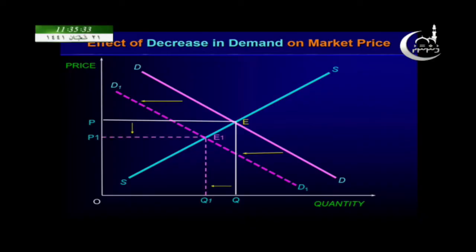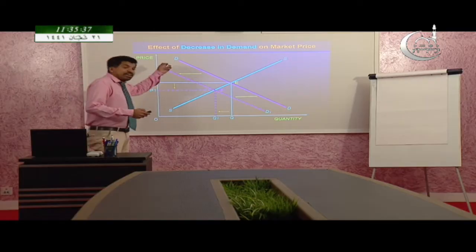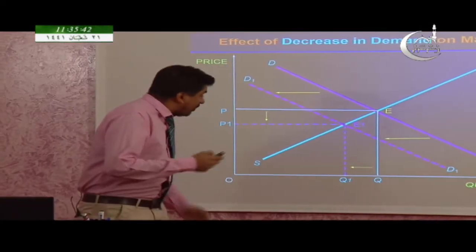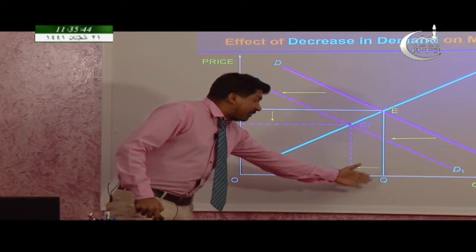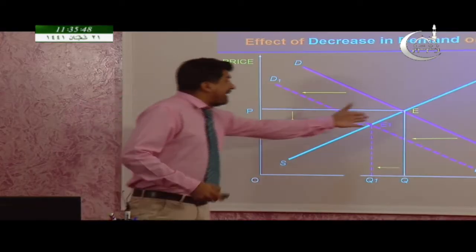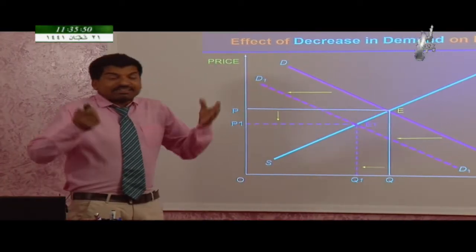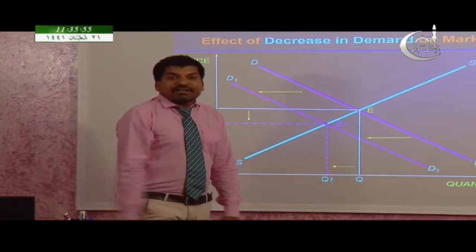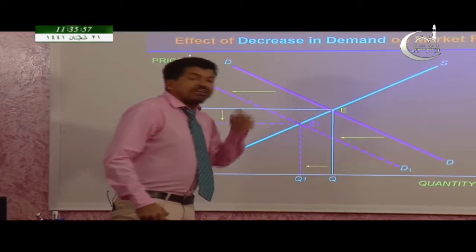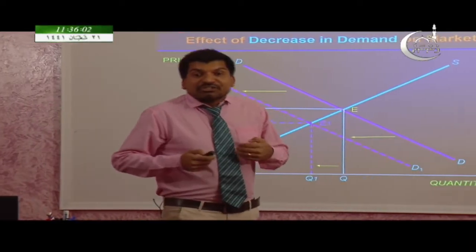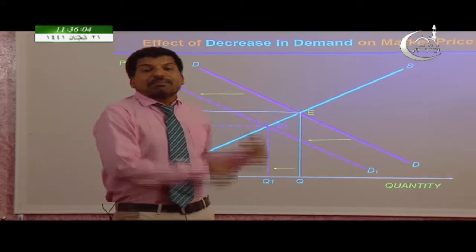The new equilibrium point we are getting is E1, and this reduces the market price from P to P1, and the market quantity decreases from Q to Q1 as well. And here look at the movement along the supply curve. A decrease in demand will lead to movement along the supply curve, meaning contraction of supply.